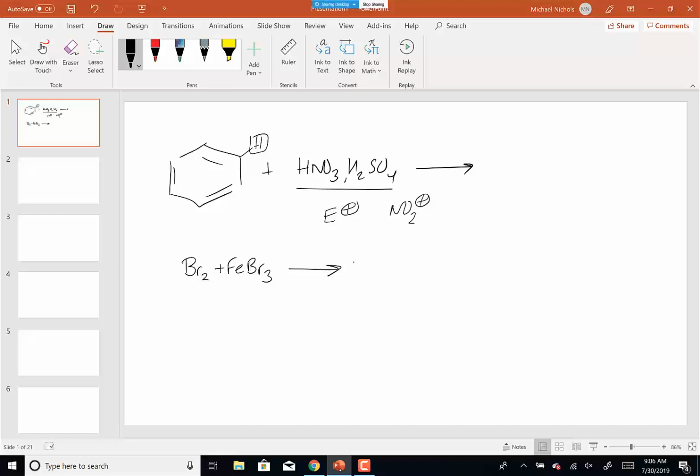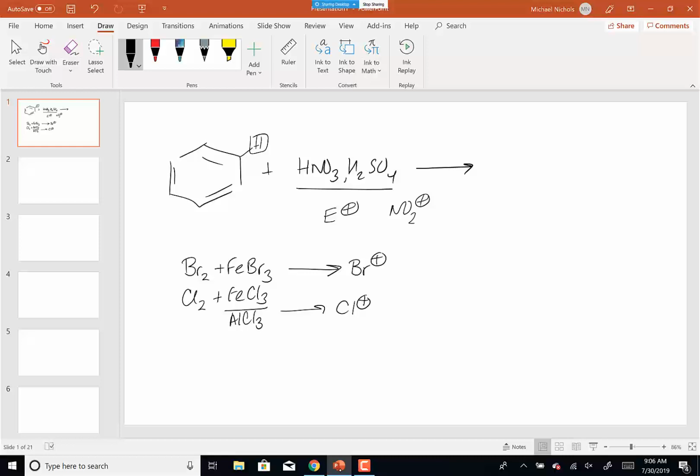A Br plus. And the same thing would be true for a Cl2 plus an FeCl3. Also, you can use AlCl3 or AlBr3, and that would generate your Cl plus.